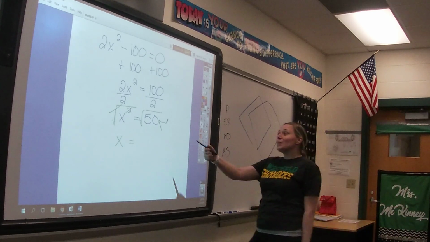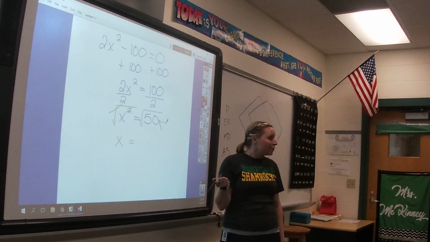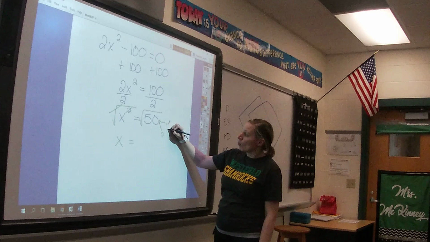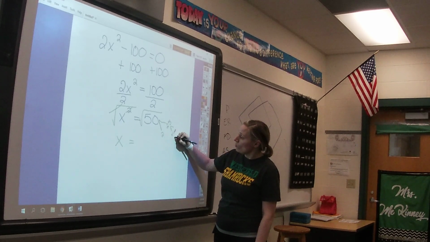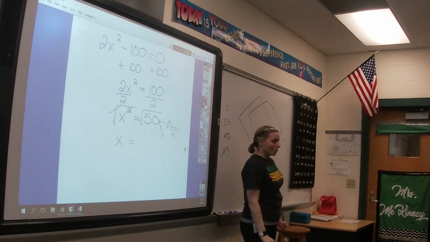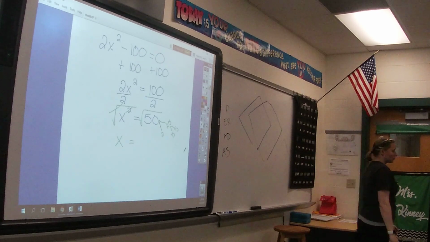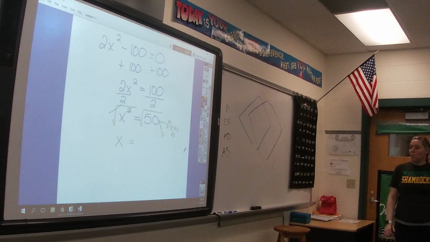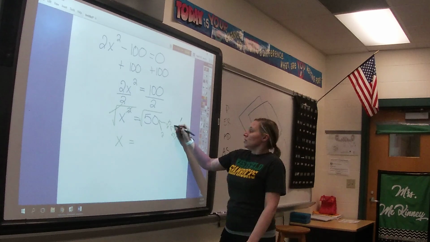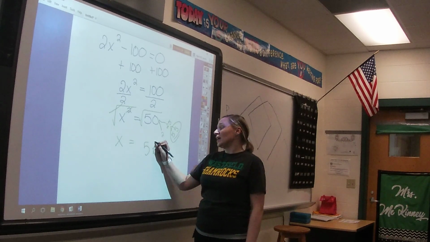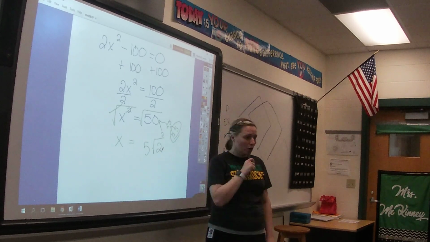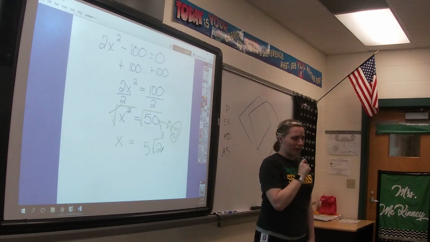Right? So this isn't a perfect square, but we know how to simplify it. So we'd get a 5 square root 2, but that's not our answer yet.